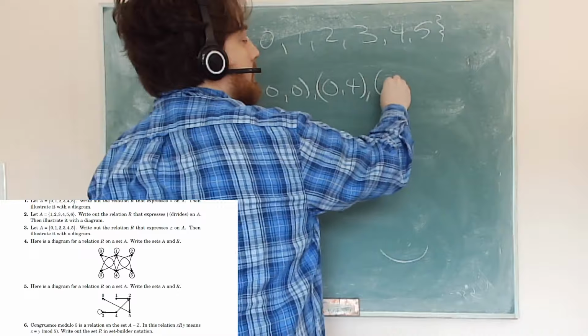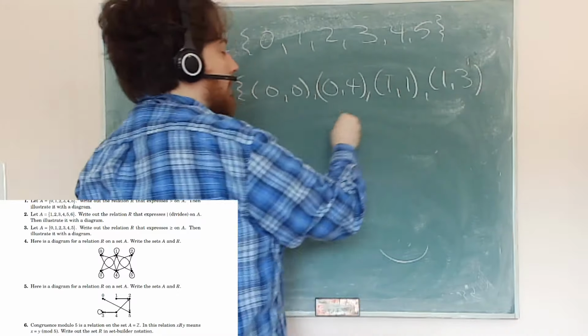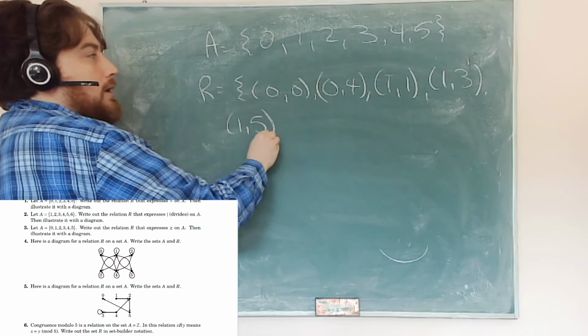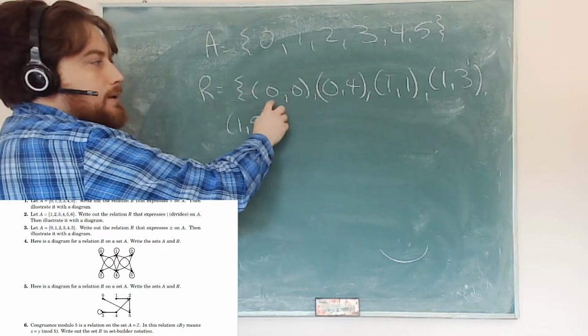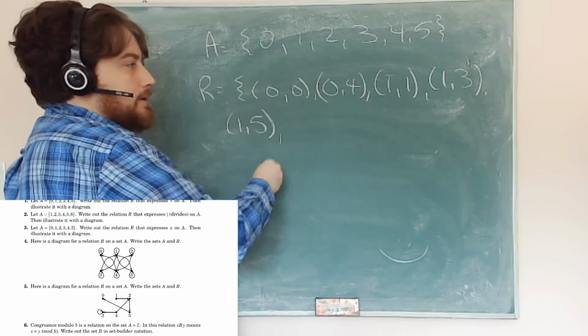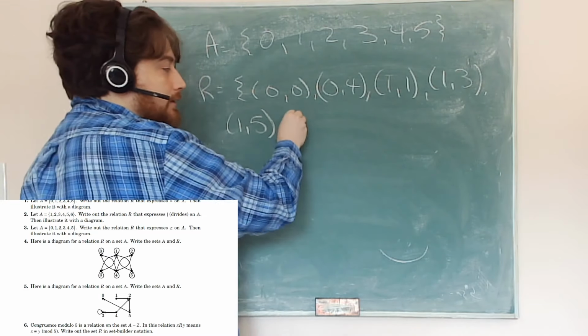So R is going to consist of (1, 1), (1, 3), (1, 5). So again, I'm reading off and I'm just starting and saying, okay, 0 goes to 0, 0 goes to 4, so I'm putting those ordered pairs in. 1 has an arrow to 1, 1 has an arrow to 3, 1 has an arrow to 5.